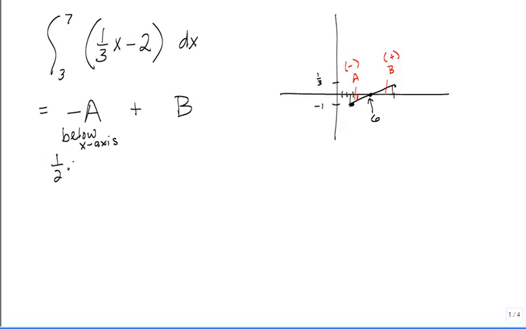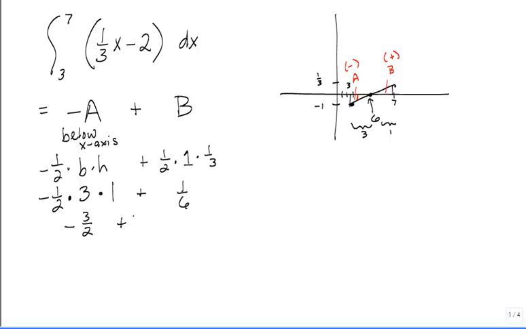And it's a half base times height because it's a triangle. Now the height is 1. And this is 3, so between 3 and 6, that's 3. Base is 3, so that's 3/2. It'll be -3/2. Okay, here, this is 7, so this is 1. It's a triangle, so a half, the base is 1, and the height is 1/3, so that's plus 1/6.